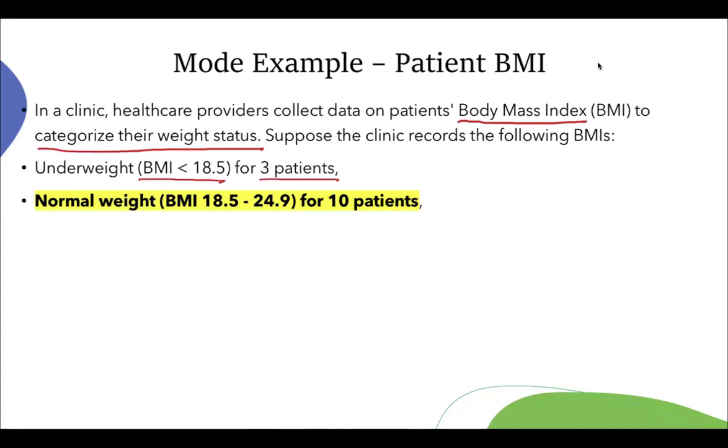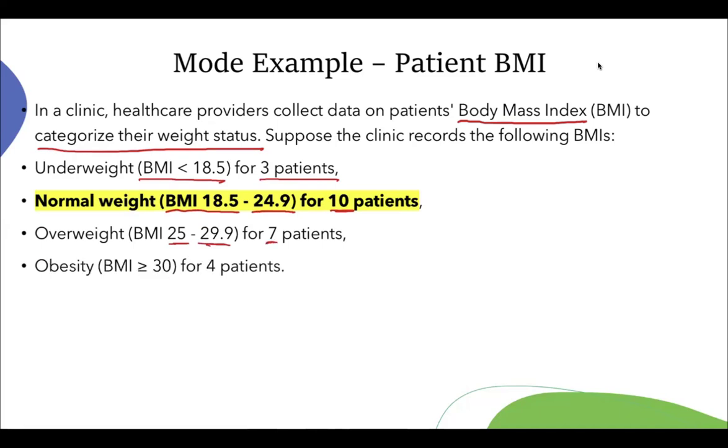Then we have a BMI between 18.5 and 24.9. We have 10 patients in that category. Then we have BMI between 25 and 29.9. We have 7 patients in that category. And obesity is BMI greater than or equal to 30. We have 4 patients in that category.